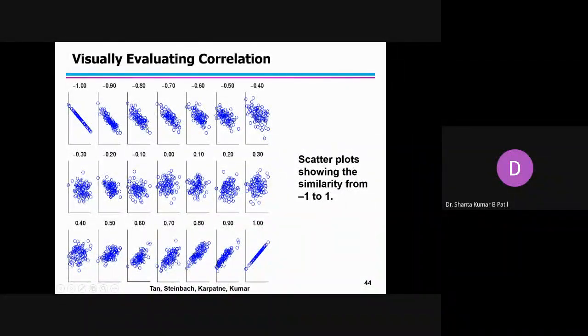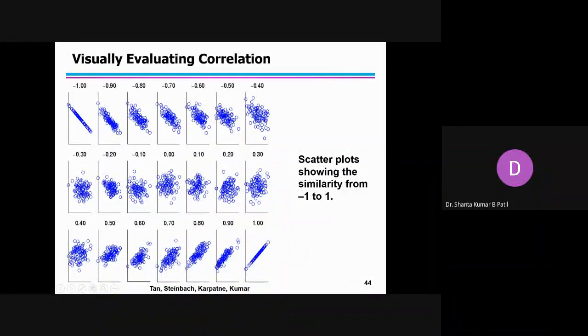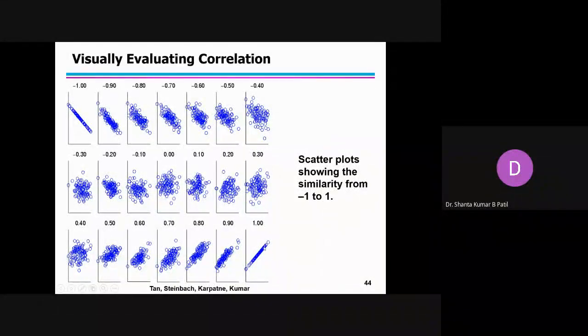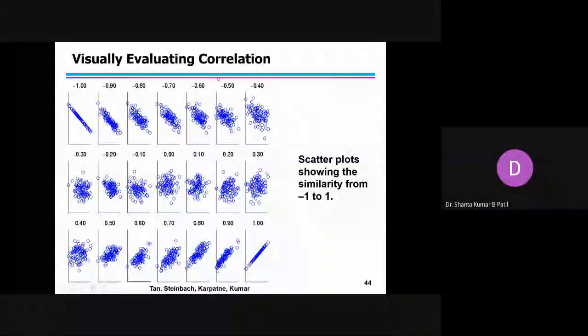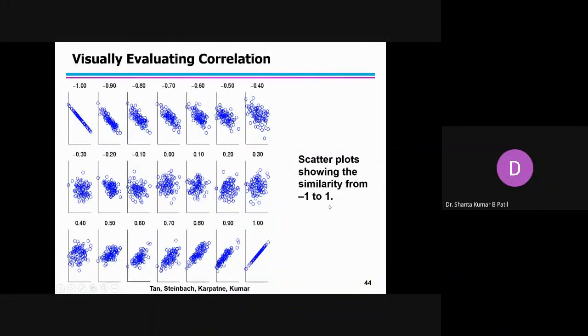Slowly it is turning towards the positive. That's the distortion. When it comes in between the middle, it is neither -1 nor is the relation a positive one. That's completely blurry. So this is the visual representation of the similarity from -1 to +1.